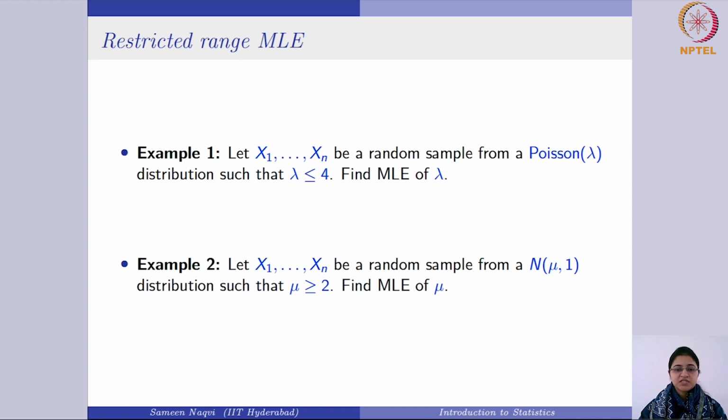Can you find the MLE for this parameter? Yes, the answer is provided by the maximum likelihood estimator. Now we will address these two examples and see what the resulting MLE will be.